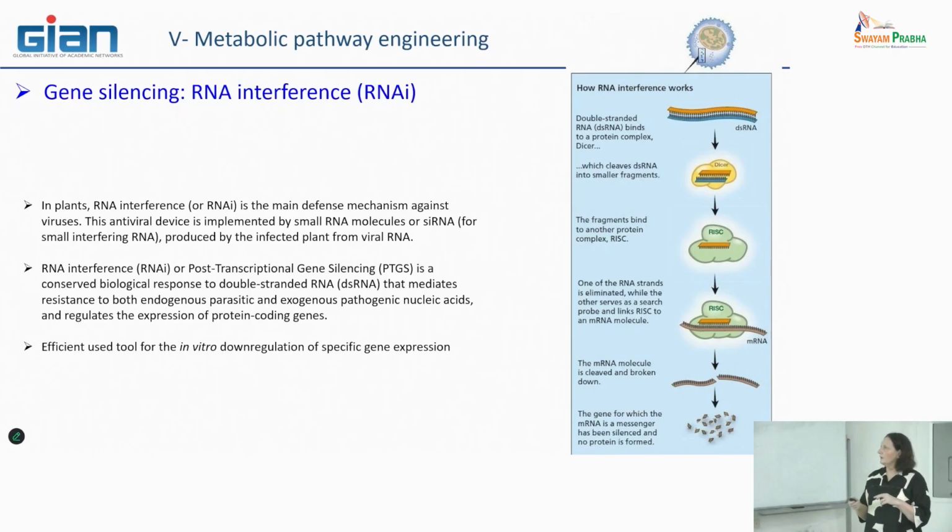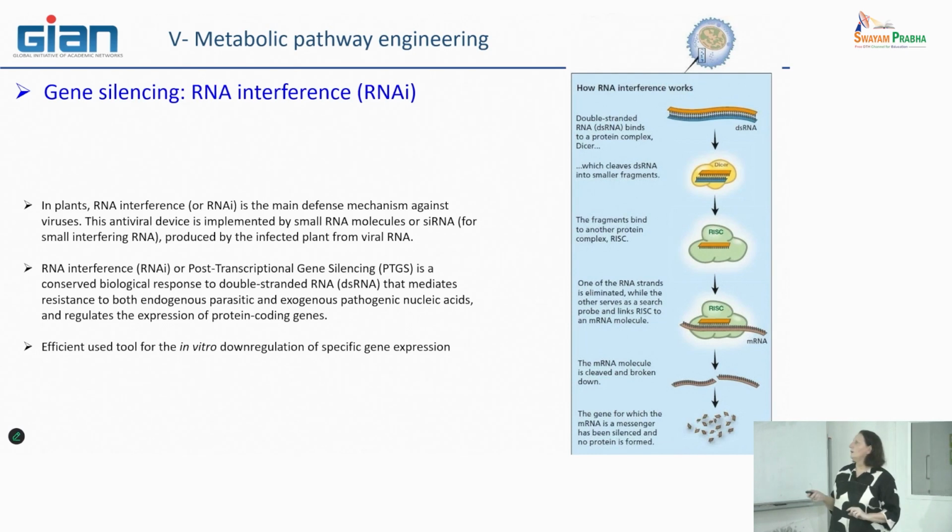And at this moment, another protein complex named RISC takes charge of this small double strand of RNA and is able to separate the strands and to maintain in the complex only one copy of this double strand. And what happens after?